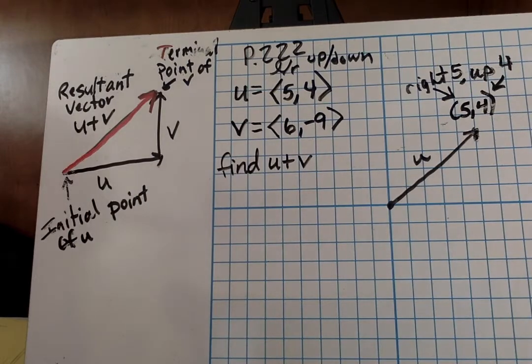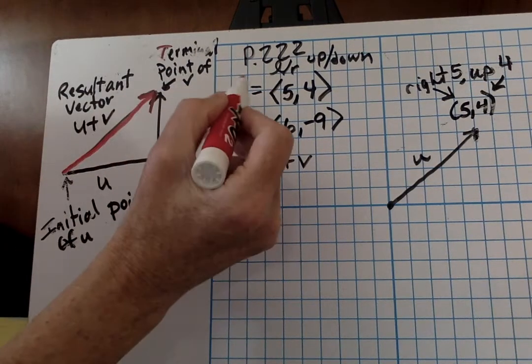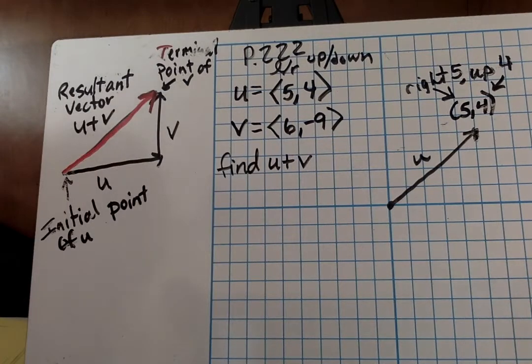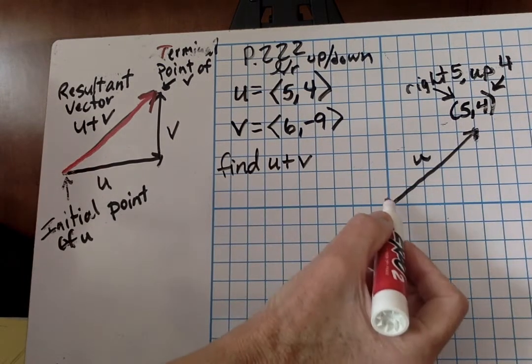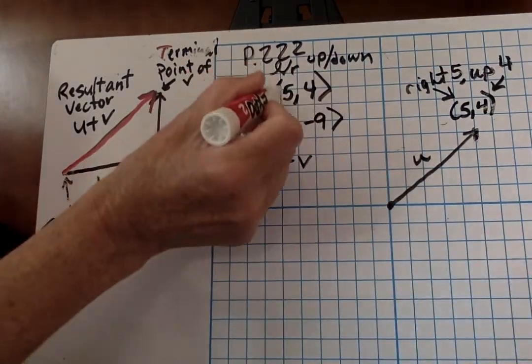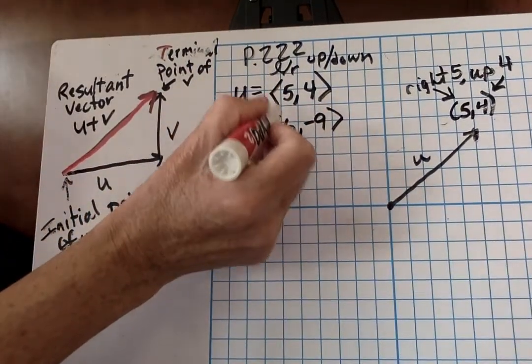Okay. So if you have U equals <5, 4> and V equals <6, -9>, find U plus V. If I was just going to draw <6, -9>, I would normally draw it from here and go over 6 and down 9, because our first number tells us left or right.